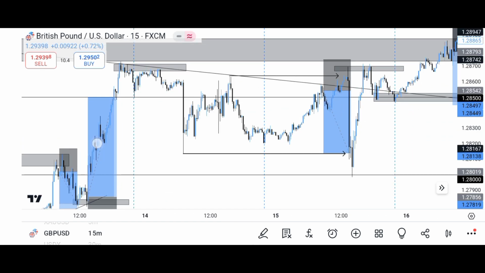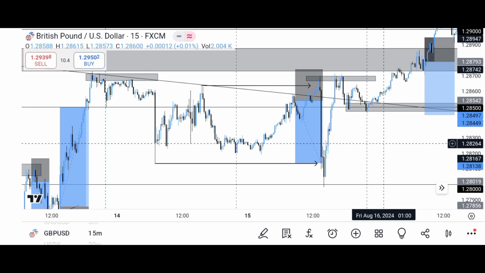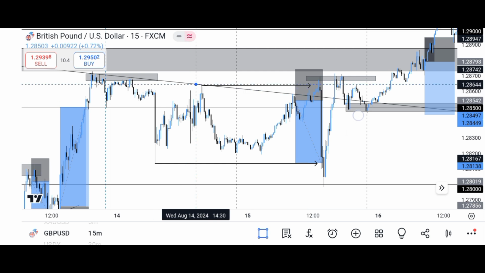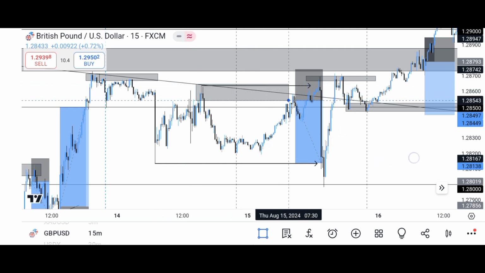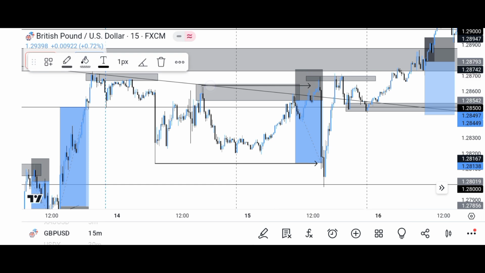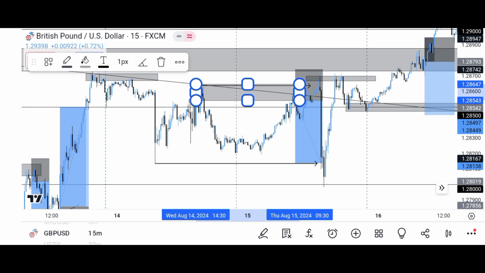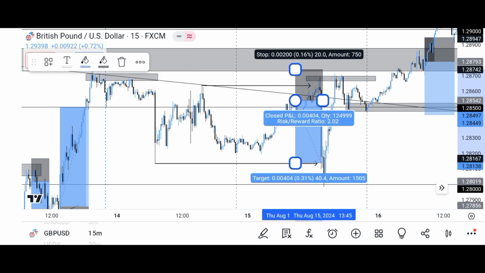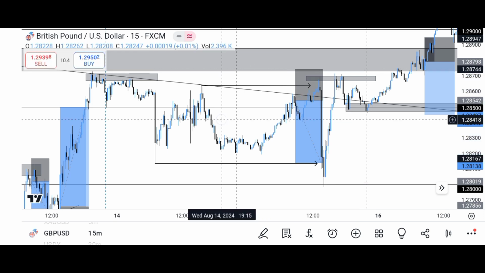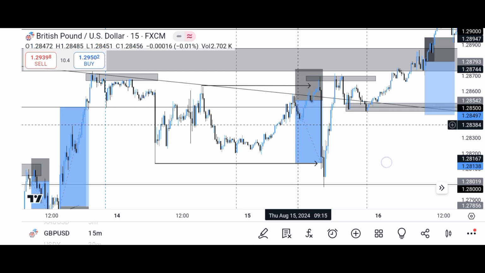Then on the next day, the same thing happened: the market formed an equal high on a downward trend line. But this equal high is more of a sell side liquidity, so I didn't just place my stop loss above that side. I placed it way above this resistance, and I used 20 pips. The market first moved a little in my direction, then went back up.